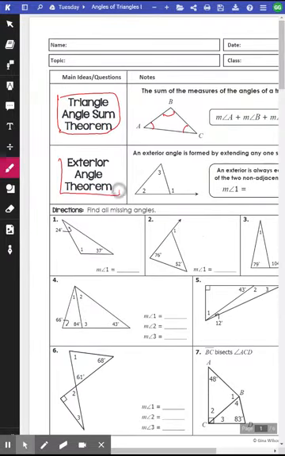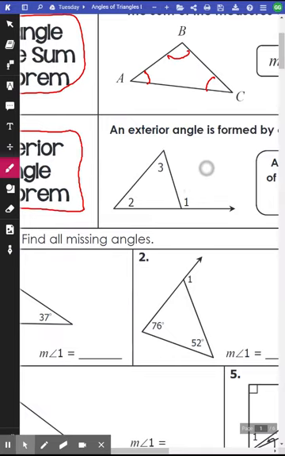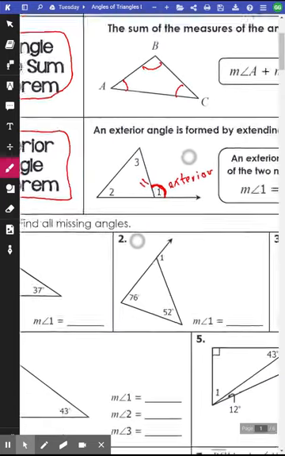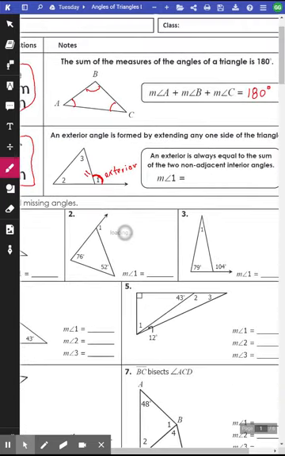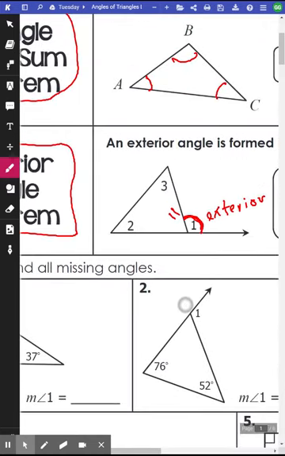The next one I need you to remember is called the exterior angle theorem. That means that the measure of this angle that's on the outside, that's why it's called exterior, is equal to the sum of the two angles that are not adjacent to it.